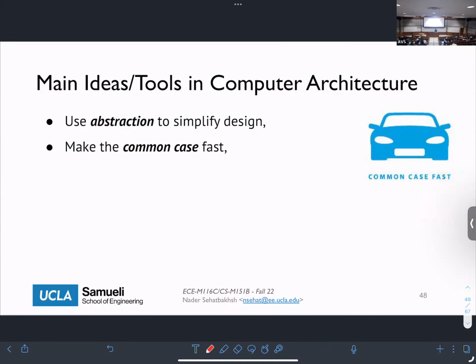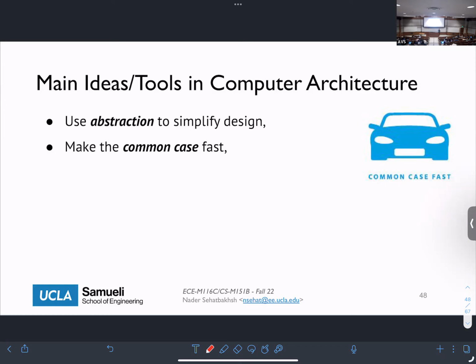Another thing that we do a lot when we are designing our processor was making the common case fast. If you remember, we said that when we are, for example, having a branch, let's guess and then just move forward. And if we make that guess correctly more than 50% of the time, we're going to get performance benefits because this becomes the common case.